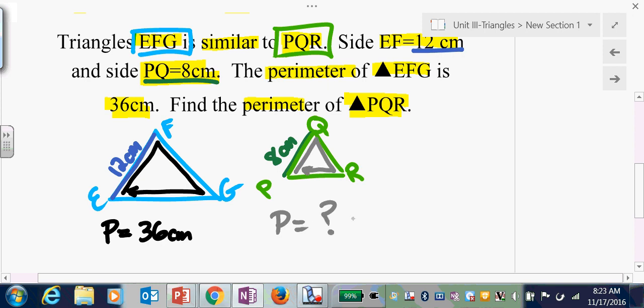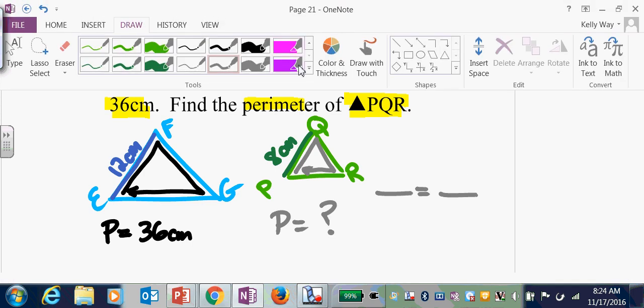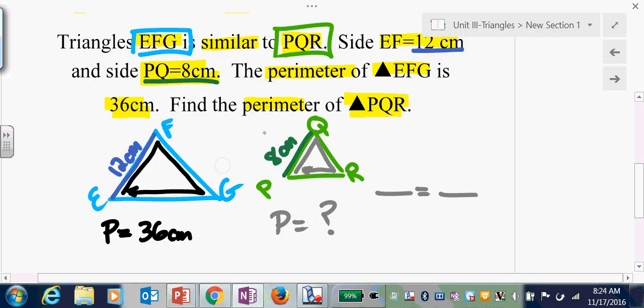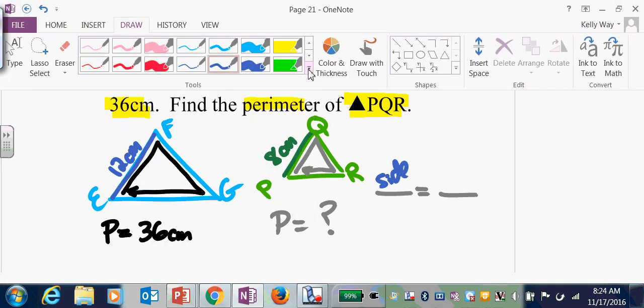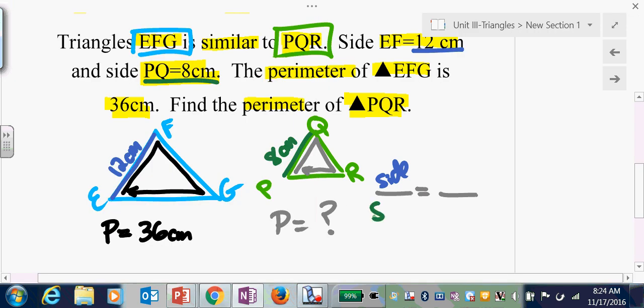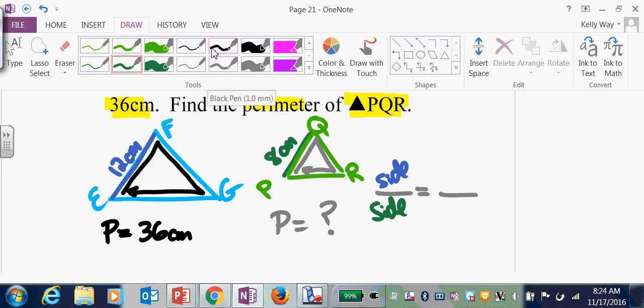It's not a hard problem if you remember this. Things that have the same dimension have the same ratio. And we just learned that the ratio of the sides, the side over side, the ratio of the sides is the same as the ratio of the perimeters.